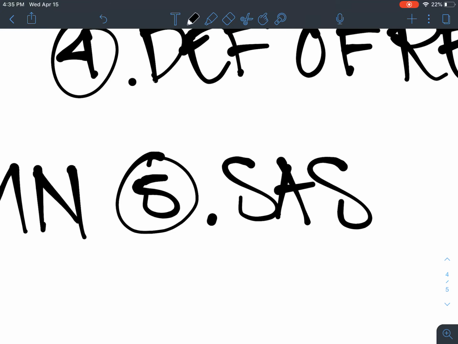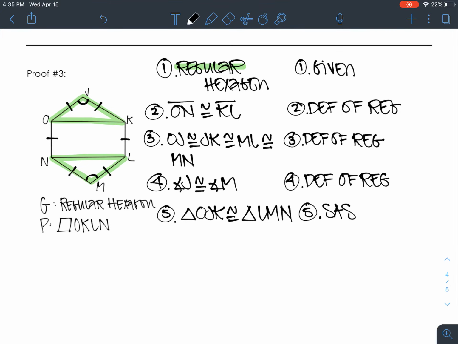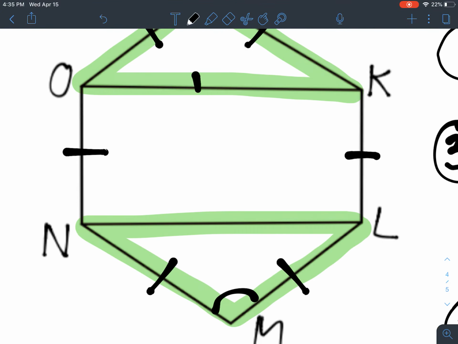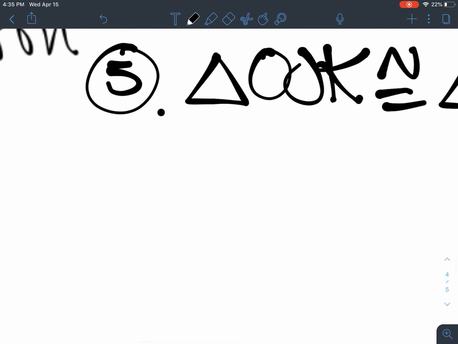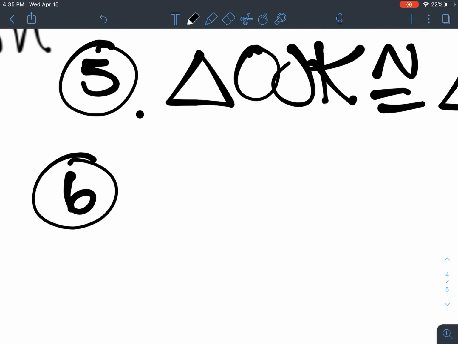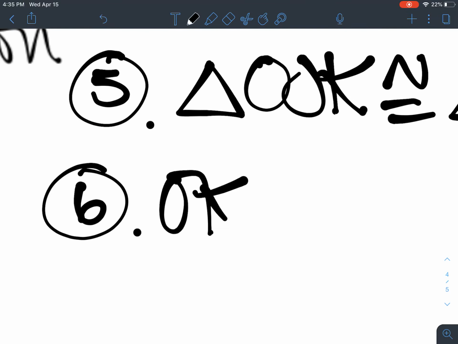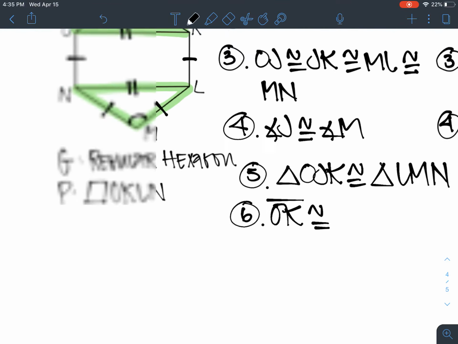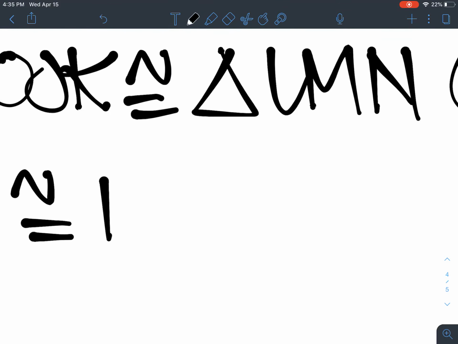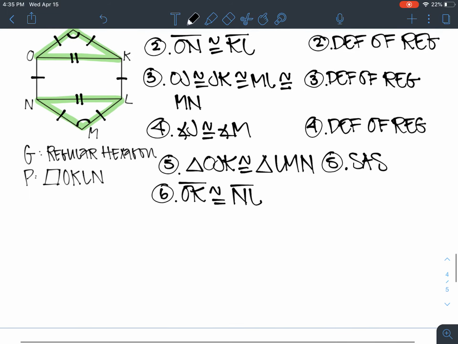And once I've stated that those 2 triangles are congruent, what do I know about the corresponding parts? Well, then I know that these 2 sides have to be congruent because of CPCTC. So I can state now that OK is congruent to NL by CPCTC.